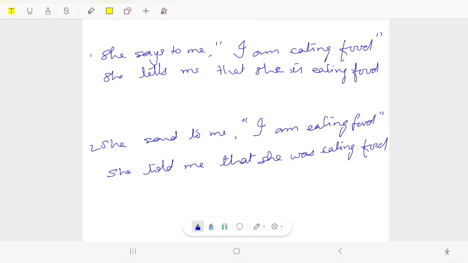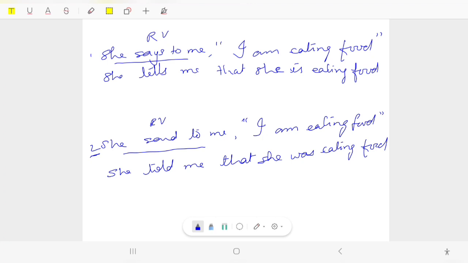Have a look at example number 1 and example number 2. She says to me, I am eating food. And example number 2, she said to me, I am eating food. I think you find some difference here. This part is the reporting verb. Example number 1 is in present tense, whereas example number 2 is in past tense.